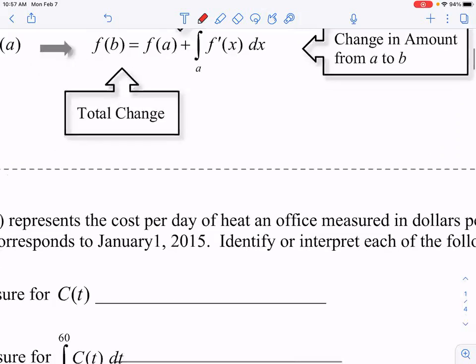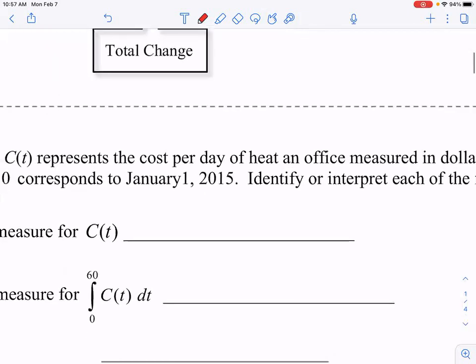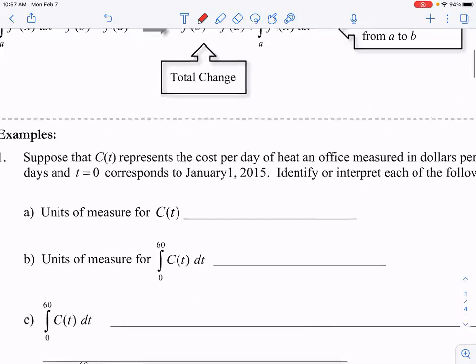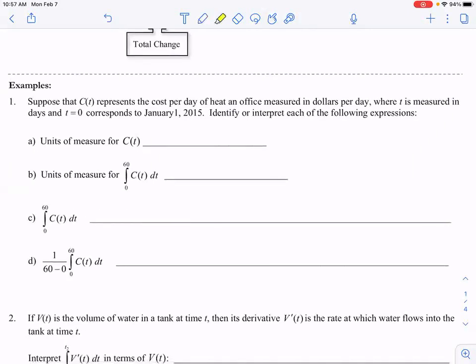So what I want you to do is read through this example number 1. We're working with a function called C of t. What are the units of measurement for C of t?